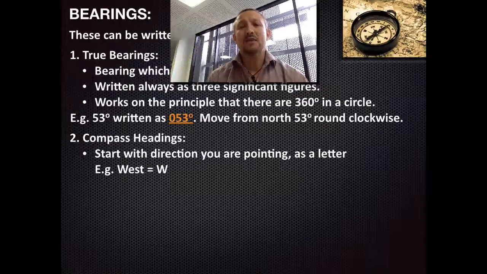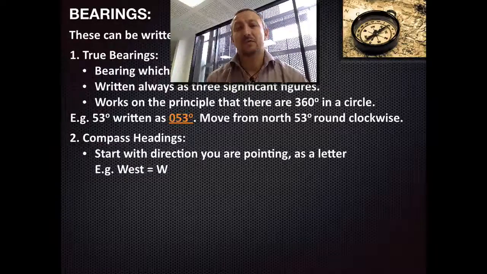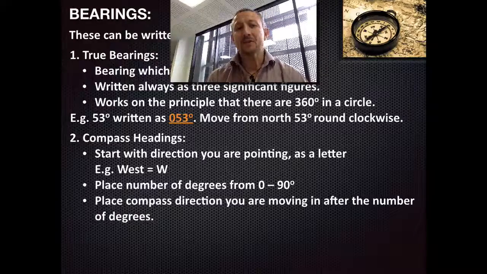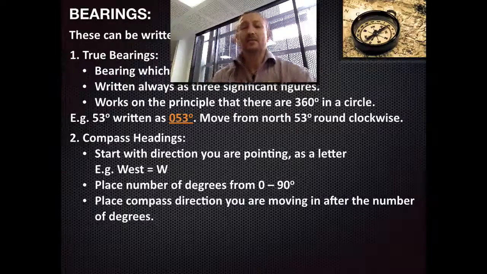Then I basically work out the angle which I turn through between 0 and 90 from the place where I'm facing. So then I'm placing my angle, and then I talk about the direction which I happen to be moving through.